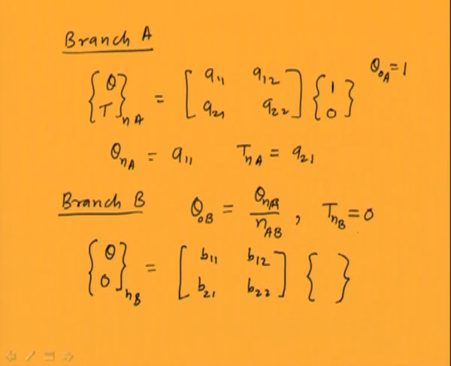Then here we have theta naught B, so that can be written in terms of theta NA by gear ratio NAB, and torque remains the same. Now these equations can be expanded, and the first equation is B11 theta NA by gear ratio AB, then we have B12 T B naught.